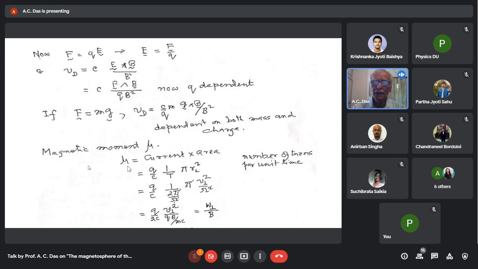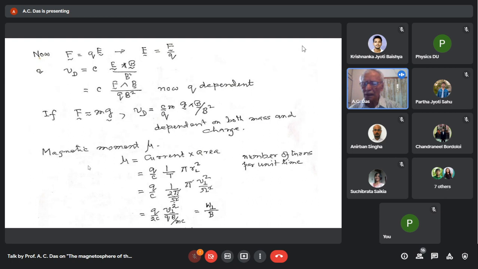Now another important parameter is called the magnetic moment, and the magnetic moment is defined by current into area. The current is obtained from the particles going around the magnetic field, and the area is the one it describes when it completes one cycle.